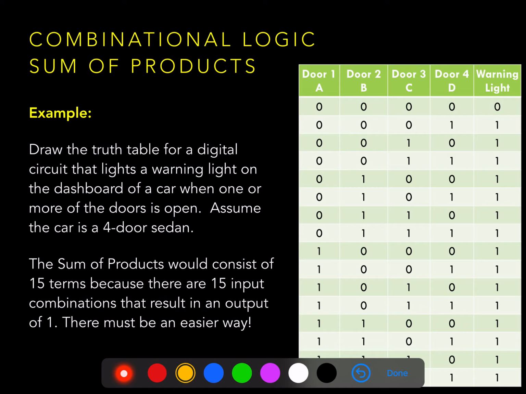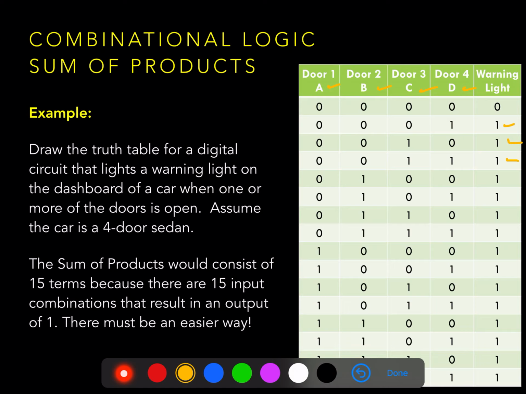So we have 4 inputs, door 1, door 2, door 3, and door 4. And it's always equal to 1 when at least one of those doors is open. Now this gives us 15 lines in the truth table that produce an output of 1, which would produce a sum of products expression that has 15 terms.